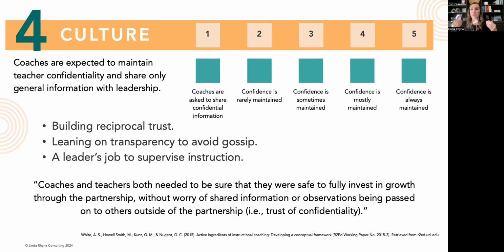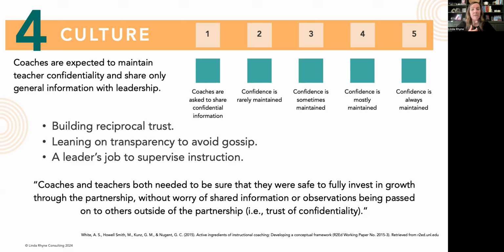The coach is transparent with the teacher about what their job is, why they're there, what they're working on, and how they're going to do it. And likewise, the teacher is transparent about what they're struggling with, what they're excited about, what they're maybe misunderstanding, and how they want to improve, giving feedback to that coach. We want to do this work together.